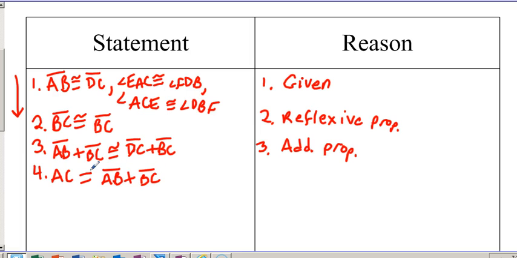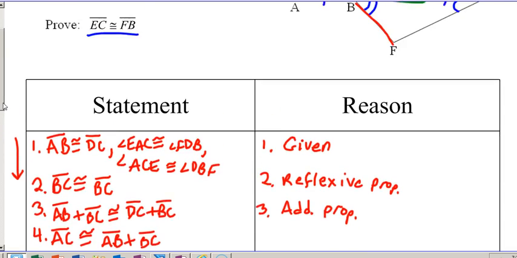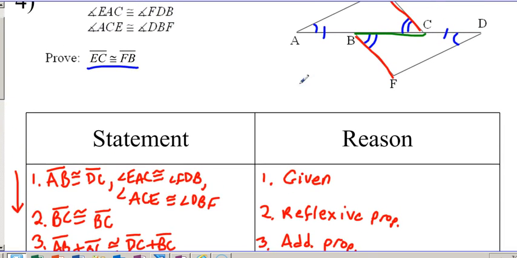These are segments, congruent segments. And at the same time, we have the other side we need. BD, over here, BD is congruent to BC plus CD.